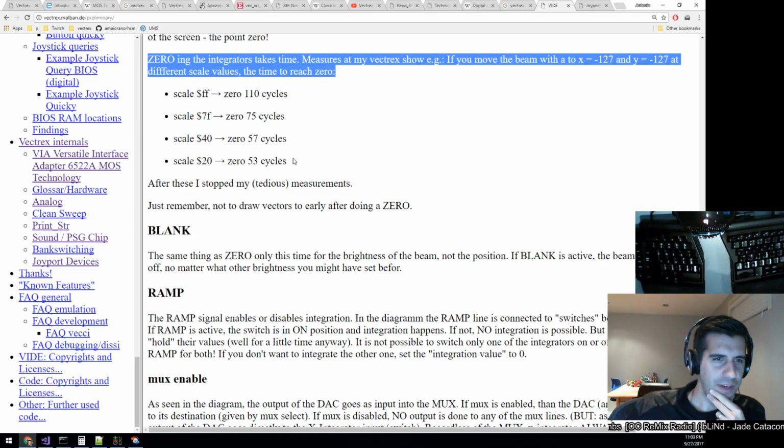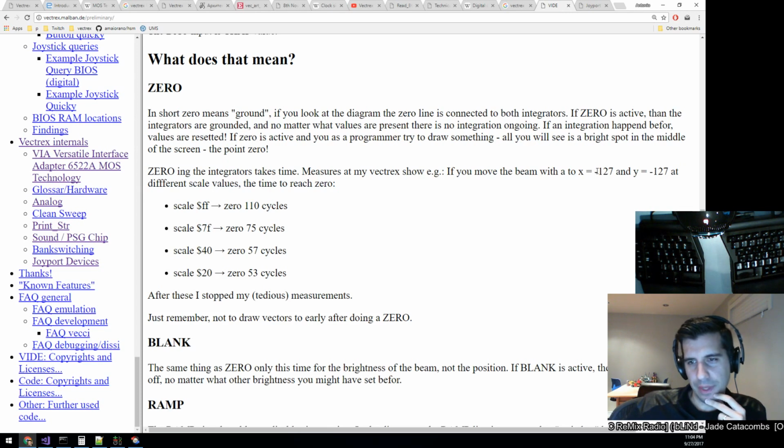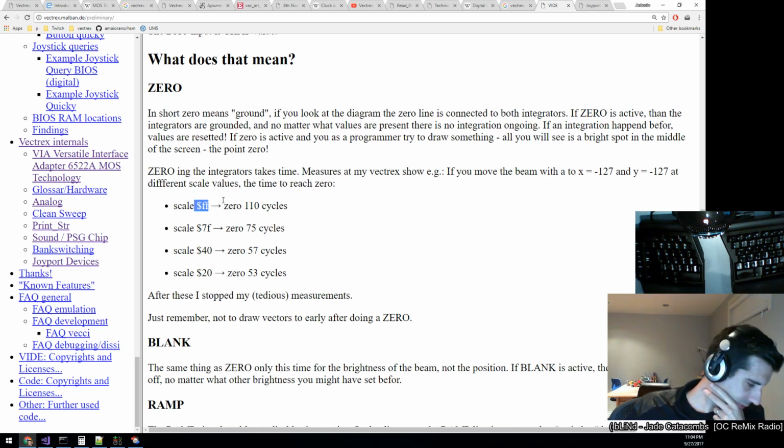You know what I don't understand here is he's talking about setting the 0 and he's saying he measured in hardware the number of cycles it took when you bring the beam to, let's say, the bottom left corner, minus 127, minus 127, and then he tried different scale values. And here scale means timer values. So interestingly, setting a large timer value made it take longer to get to 0.